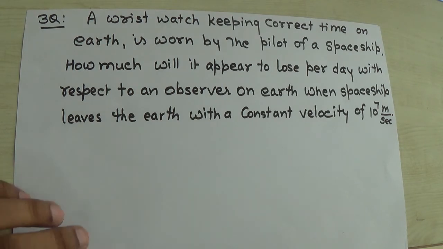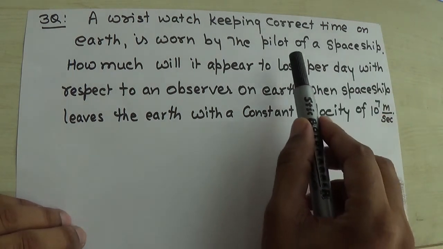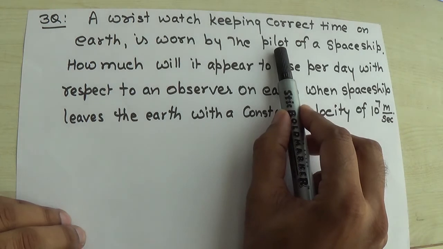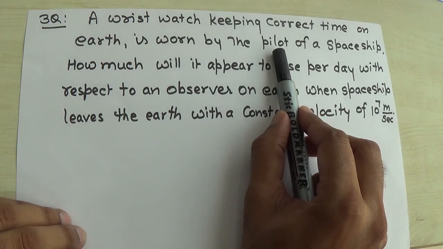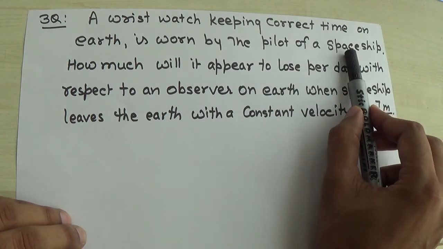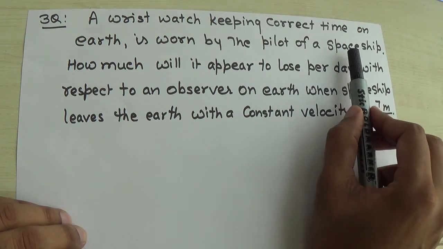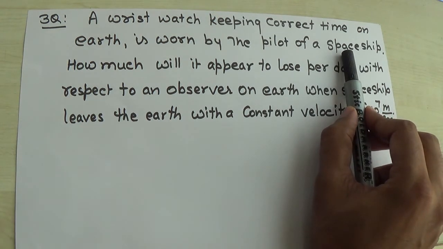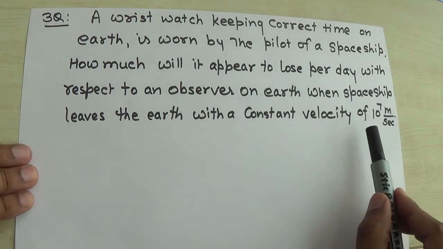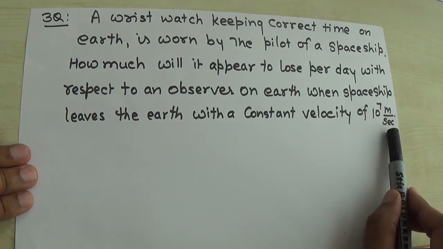Moving frame is a spaceship, right? And who is sitting there? A pilot. So this pilot will be O prime observer, and this spaceship is S prime frame. S prime frame is moving how much relative velocity with the S, right? So that is 10 raised power 7 meter per second.